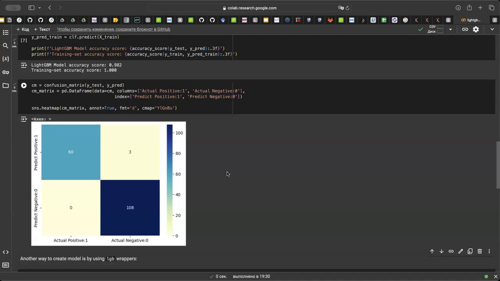For precision, the formula is true positive divided by the sum of true positive and false positive. So what would be precision? False negative, I think.